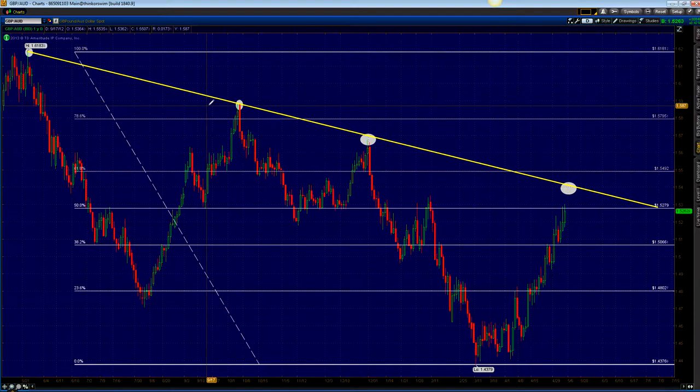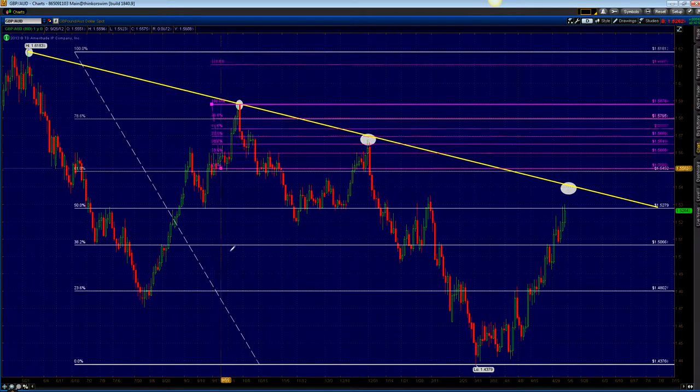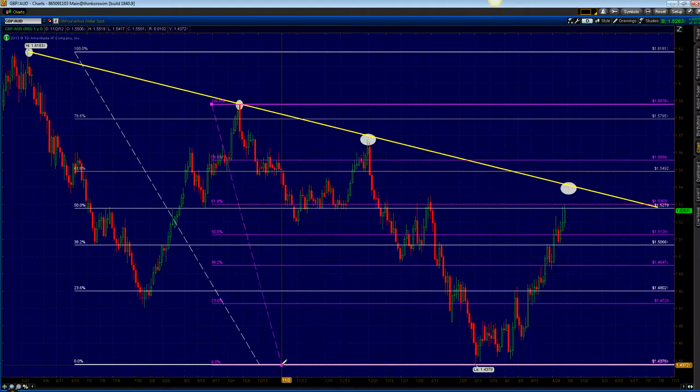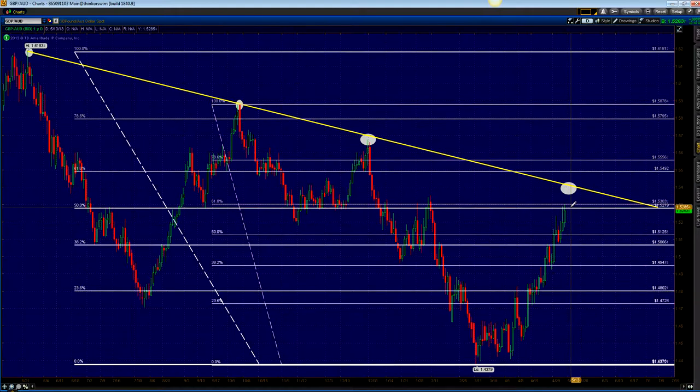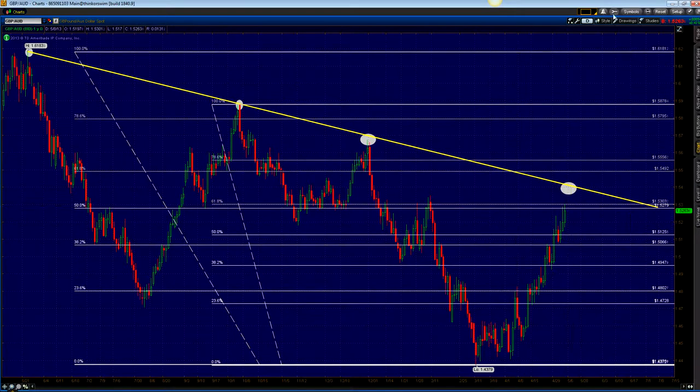If we then take this particular level, the 158.78 highs, that second test of the trend line, use those same lows, you can see we're testing a 61.8% fib as well. So we do have some key Fibonacci confluence here at market ahead of the key data that we have coming out tonight and tomorrow morning. So I think this would be a very interesting area to start looking for Pound Aussie shorts.